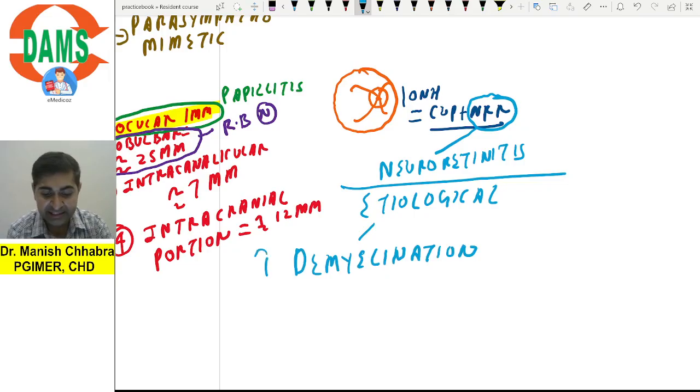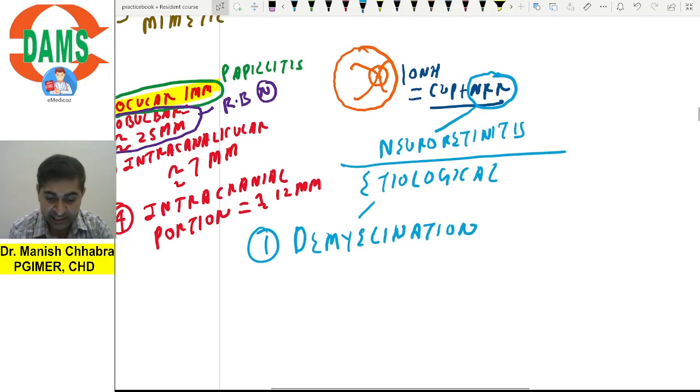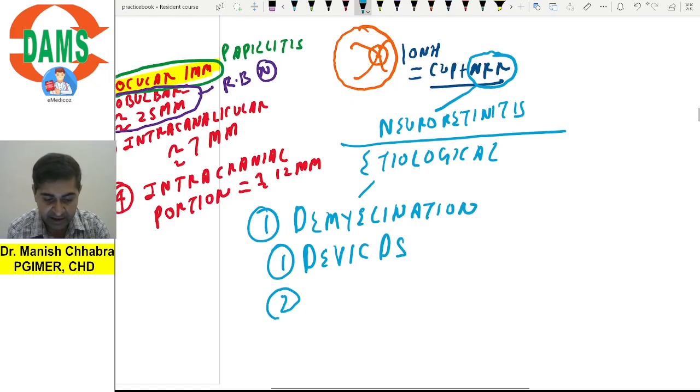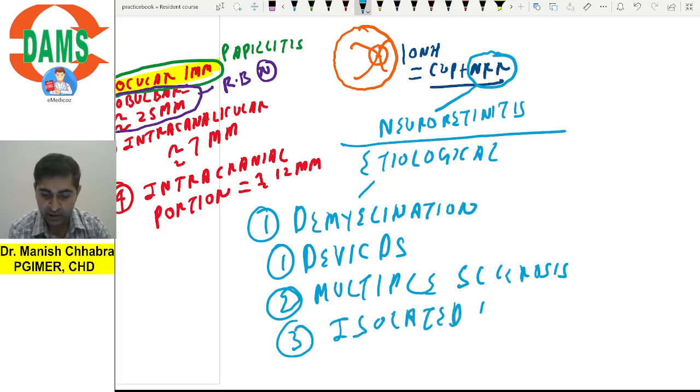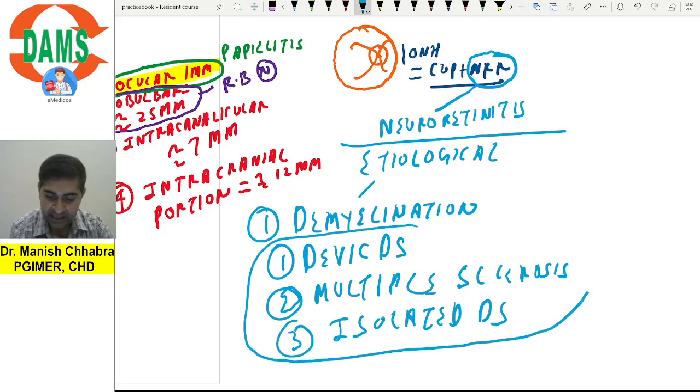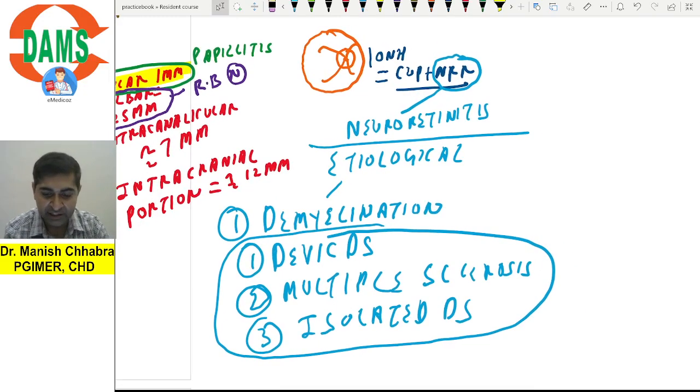If the cause is demyelination: one is Devic disease, then we can have multiple sclerosis, then we can have isolated optic neuritis. So these three can be put under demyelination.